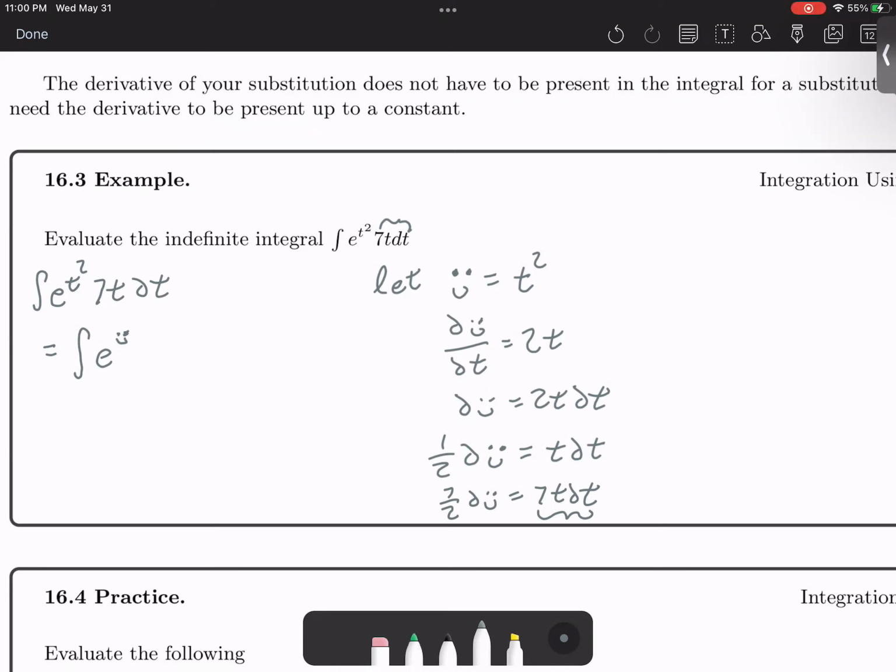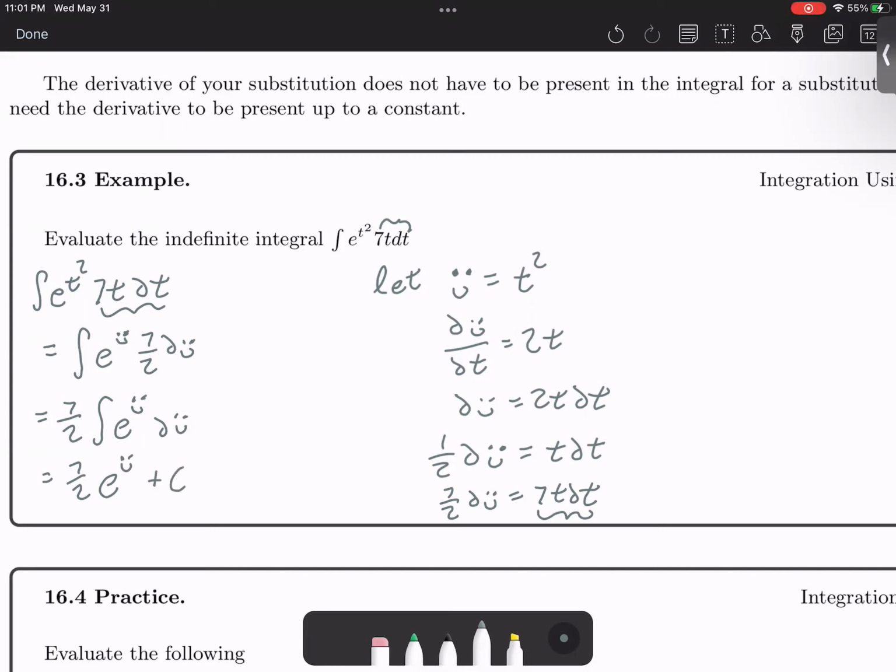And then I can replace the 7t dt with a 7/2 d smiley face. That 7/2 is a constant. And what's the integral of e to the x with respect to x, or e to the smiley face with respect to smiley face? That is itself.